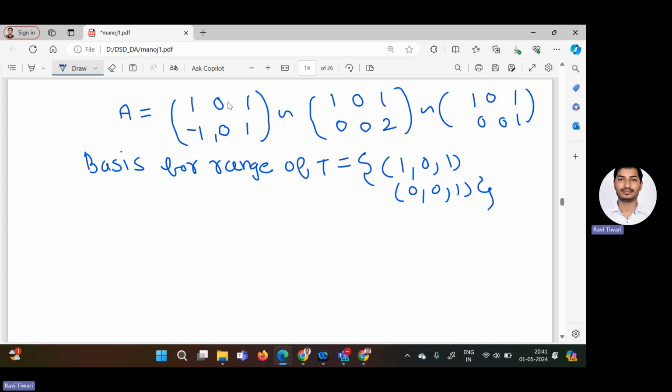Now, how will you convert these range space bases into an orthonormal basis? Again we can apply the Gram-Schmidt orthogonalization process. V1 equals X1, and X1 is 1, 0, 1. Similarly, X2 is 0, 0, 1. Sorry, this is not V2, this is X2.